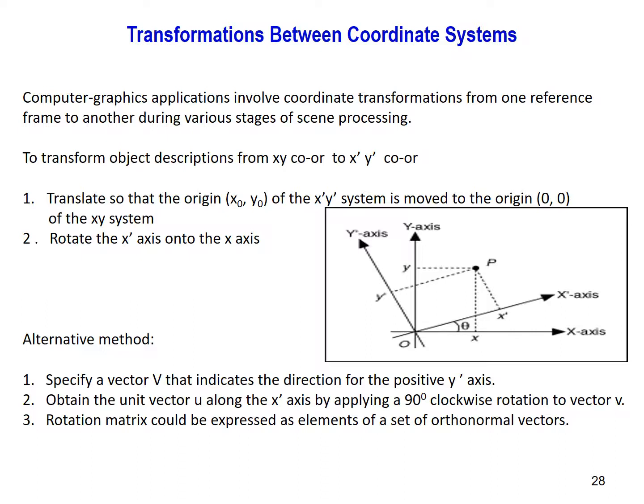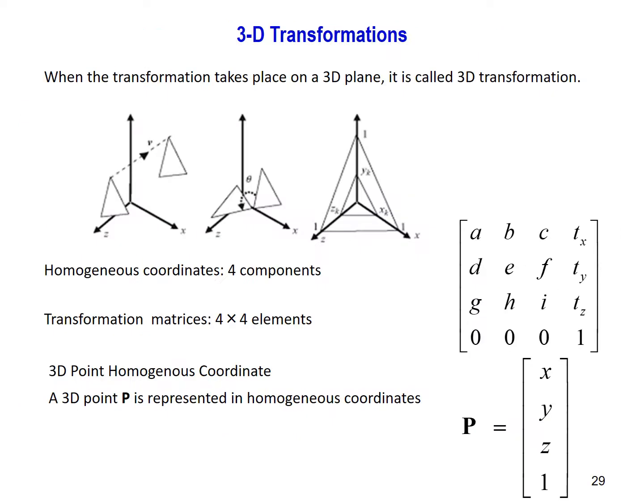There is an alternative method, that is specify vector v that indicates the direction for the positive y' axis and then obtain the unit vector u along the x' axis by applying a 90-degree clockwise rotation to vector v. Rotation matrix could be expressed as elements of a set of orthonormal vectors.